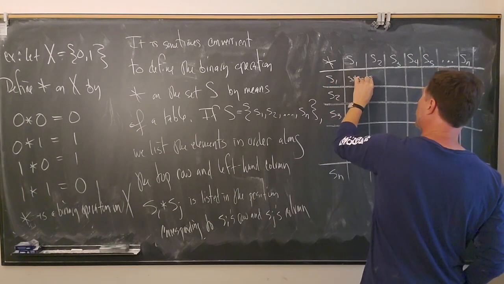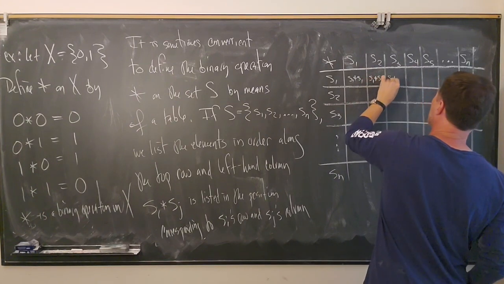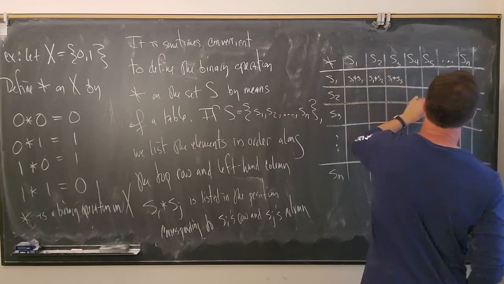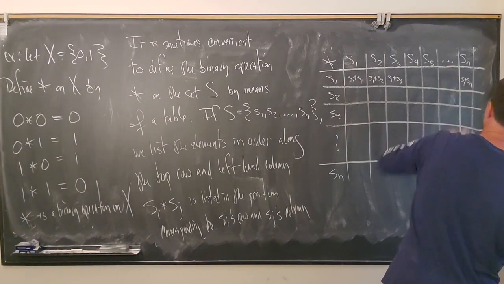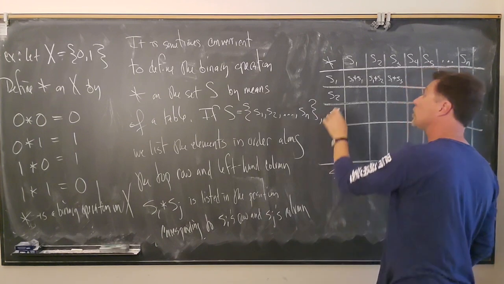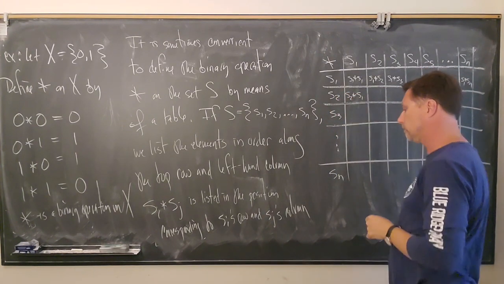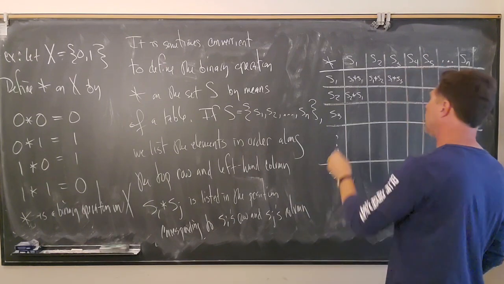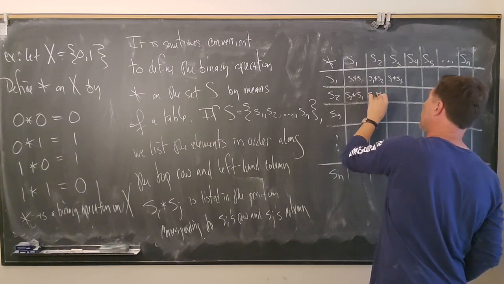Right here we would put S1 star S2, S1 star S3, and so on, all the way till we get to S1 star S sub n. Then here we would put S2 star S1. Here is S2 star S2.